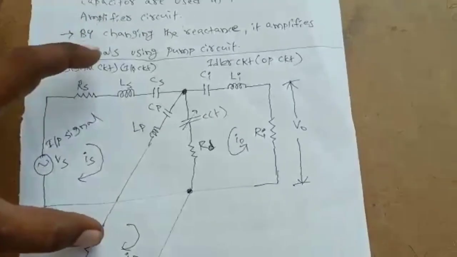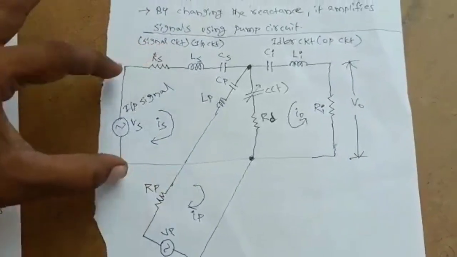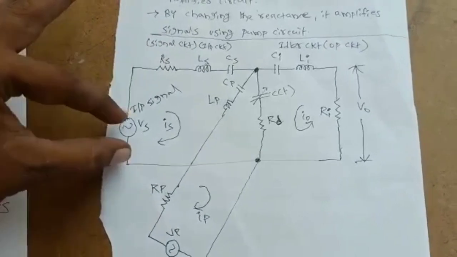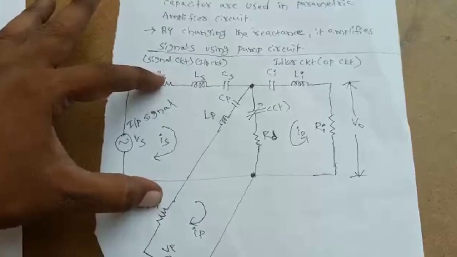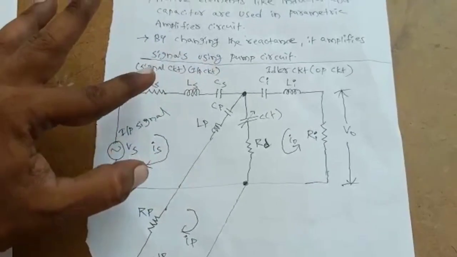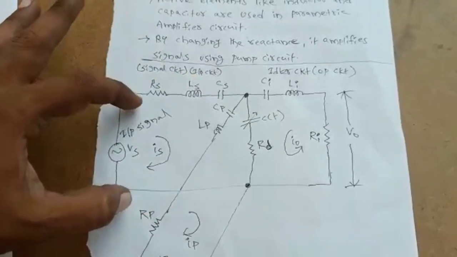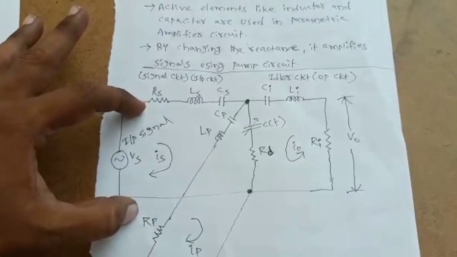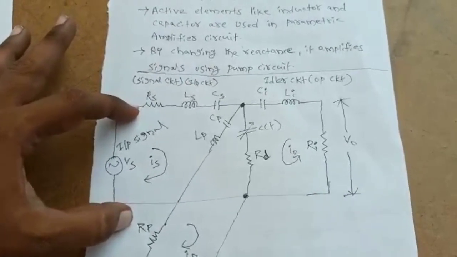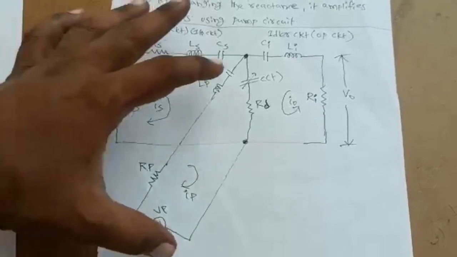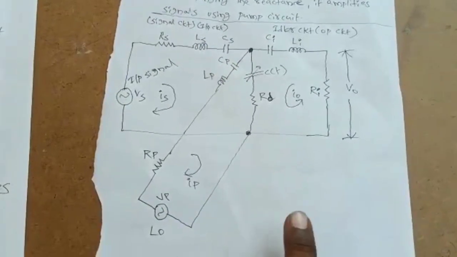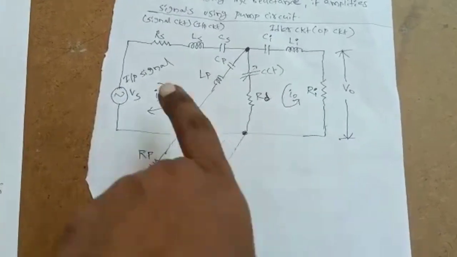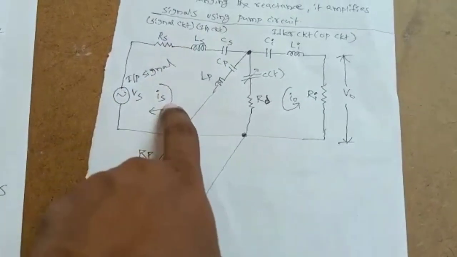This part is called the input signal source, and from here to here this total part is called the signal circuit or input circuit. Next, this part is called the pump circuit, and this is called the input circuit.